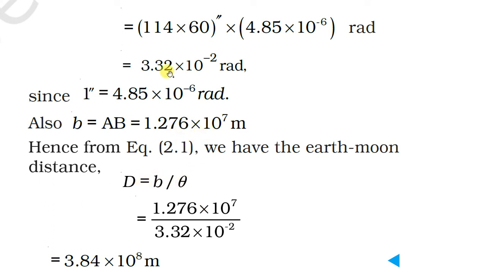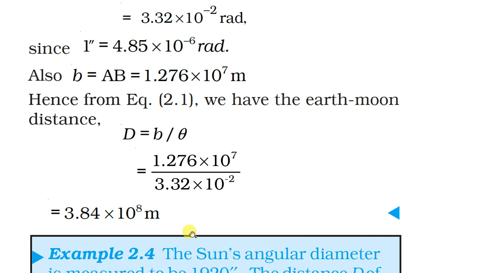The value of theta in radians is 3.32 × 10^-2 radian. So d is equal to 1.276 × 10^7 divided by 3.32 × 10^-2. Calculating this gives 3.84 × 10^8 meters.